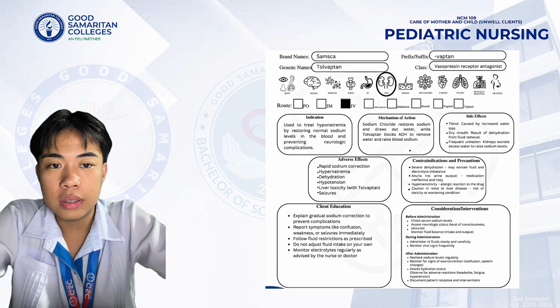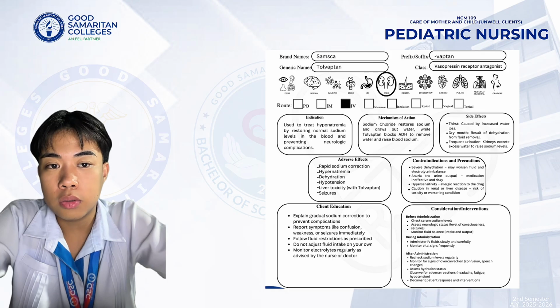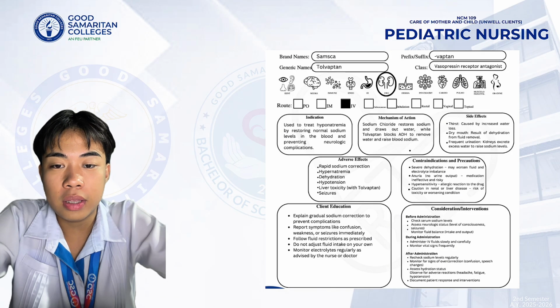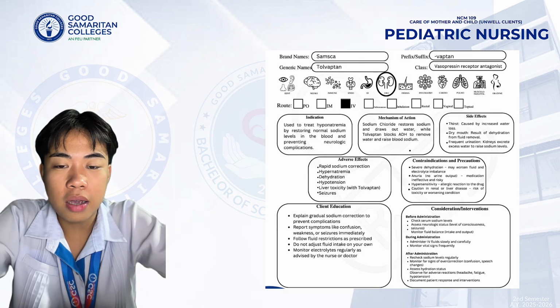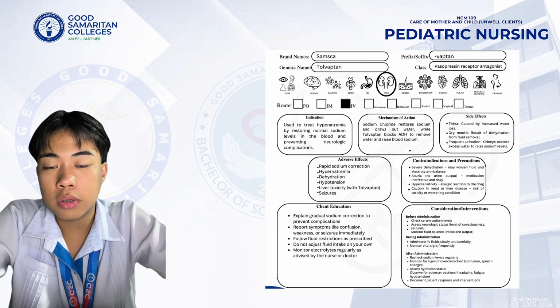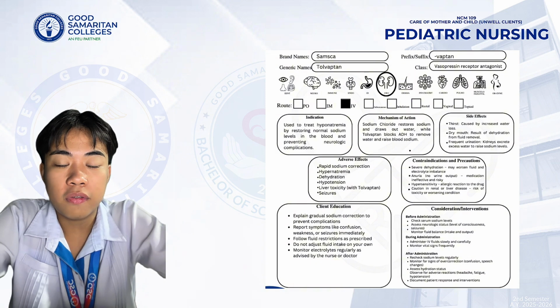Indication: used to treat hyponatremia by restoring normal sodium level in the blood and preventing neurologic complications. The mechanism of action: sodium chloride restores sodium and draws out water, while tolvaptan blocks the ADH to remove the water and raise the blood sodium.